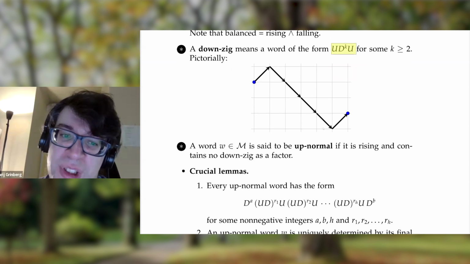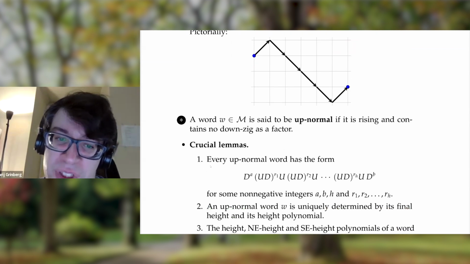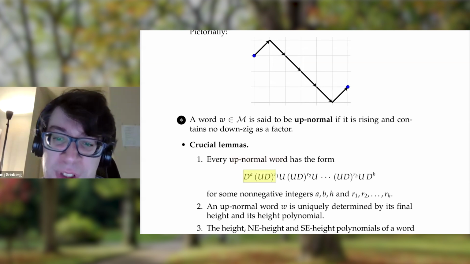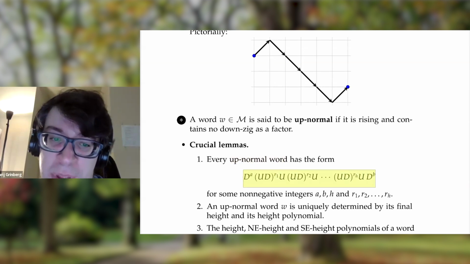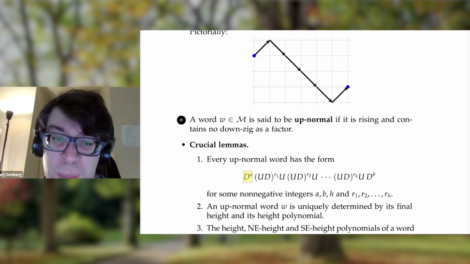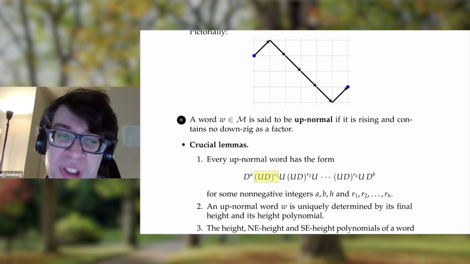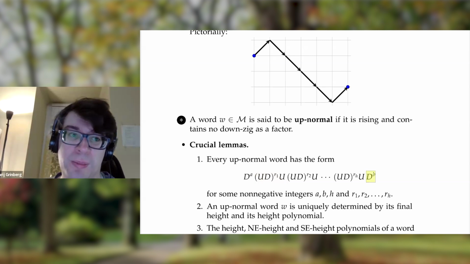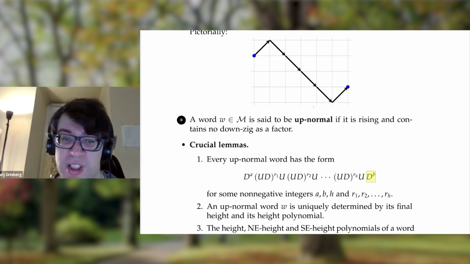So what can we see about those words? First of all, abnormal words have a very specific form. They are a bunch of Ds followed by a product of (ud) to the something times u, followed again by a bunch of Ds. And the bunches can be zero if they want to.